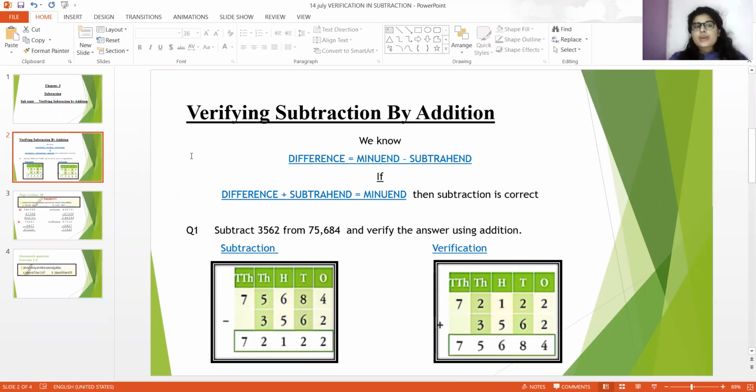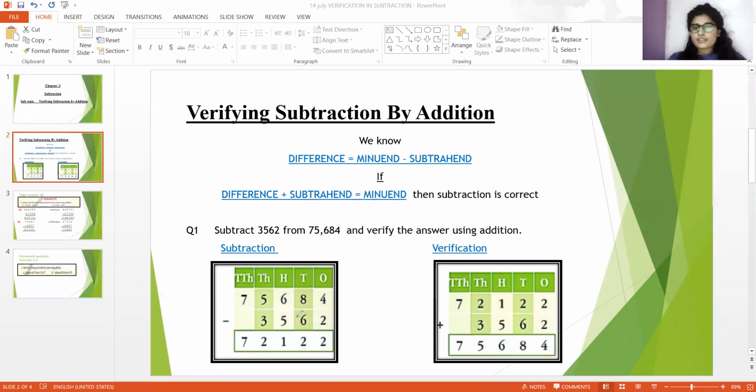As we have done word problems earlier, now we will see how we can verify subtraction by addition. Here we can see, we know the difference is equal to what?